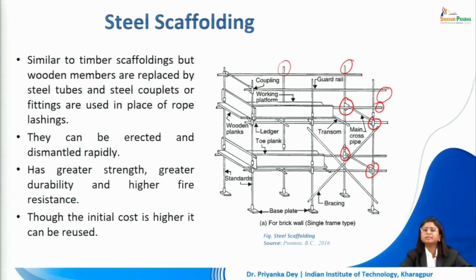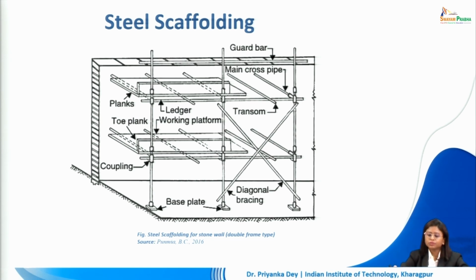On top of the steel scaffolding, we may choose to have metal sheets as the planks or as the platform on which the workmen will work, but we can also go for wooden planks supported on this steel framework. Both are used. So definitely we have some main cross pipes which are connected.